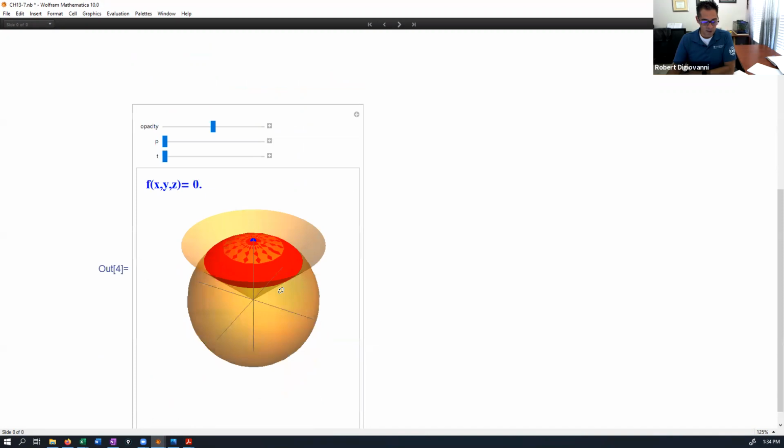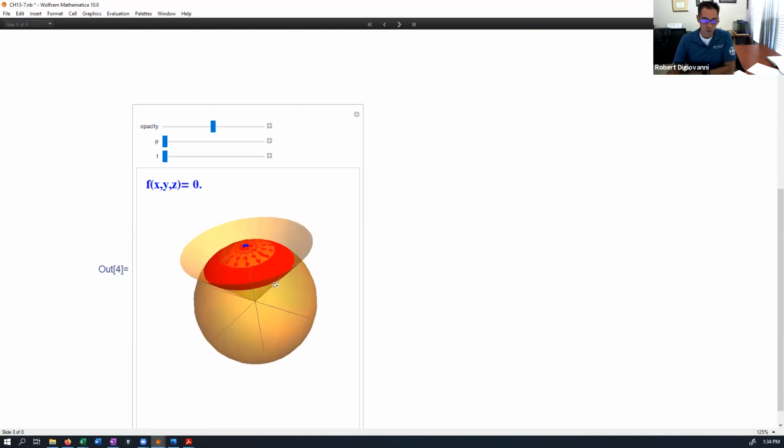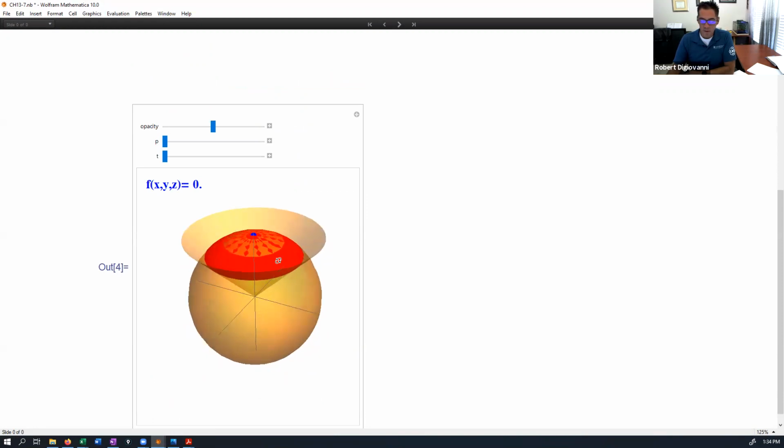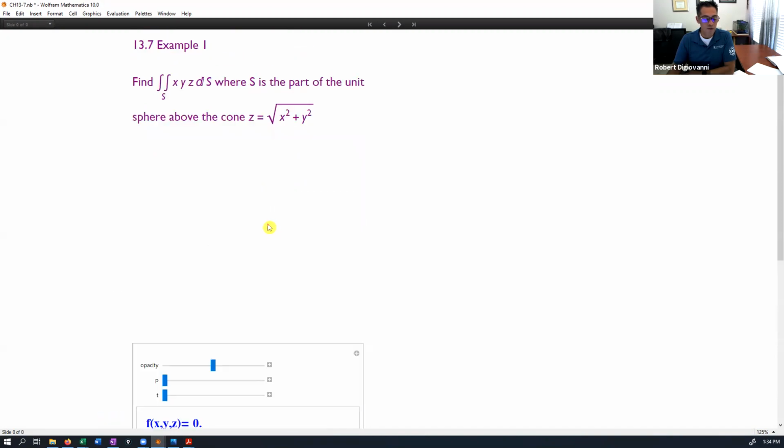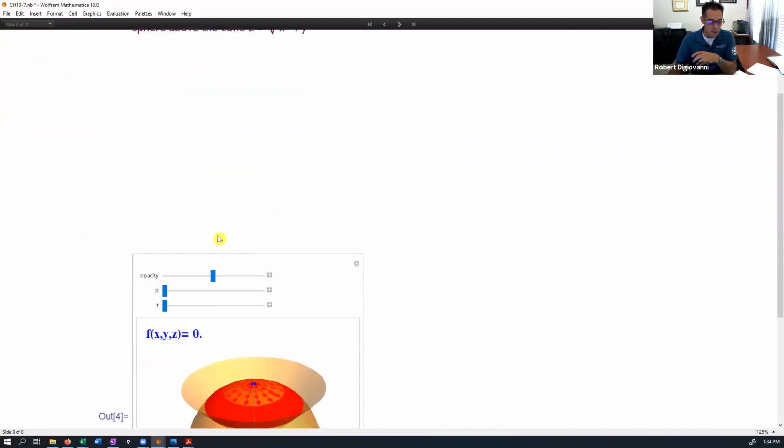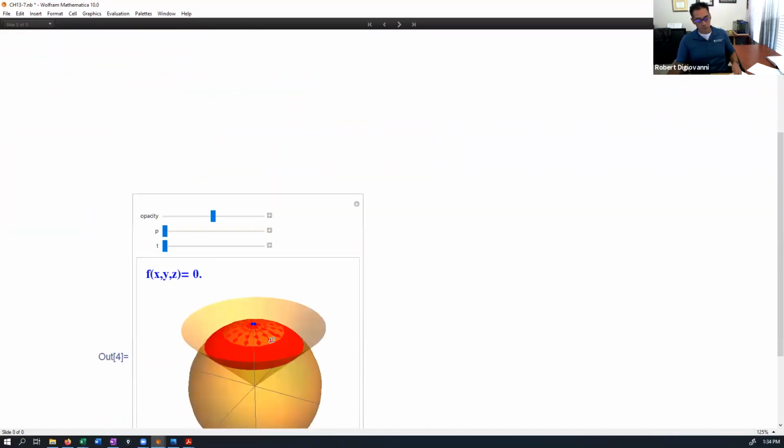This is the top part of this cone. So we're not looking for the surface area of this. We're looking for the surface integral over that surface. Here's the scalar function we're evaluating. Again, if for some reason this gave us the density at each point, then what we'd be finding here is the total mass of this little surface top.